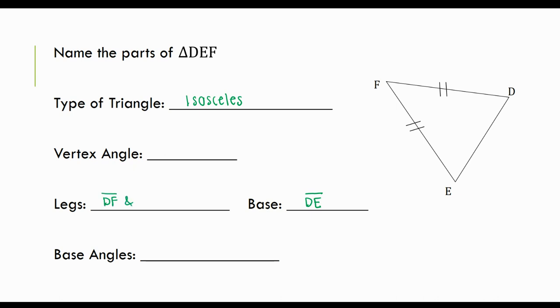So DF and EF are those congruent legs. So then if the base is DE, the vertex is the angle that's directly across from it. So notice that angle F is the angle that's across from the base. So then the two angles that are on the base are the base angles. Well, that leaves us with angle E and angle D.